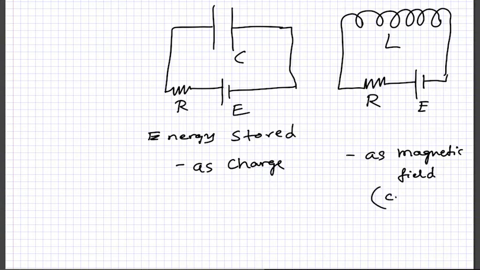In other words, current as charge on the plates of the capacitor. So here you have negative charge on one plate of the capacitor and positive charge on another plate, and therefore you have energy stored as charge.